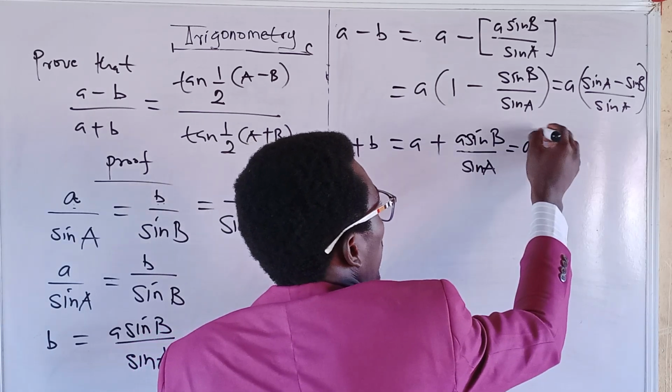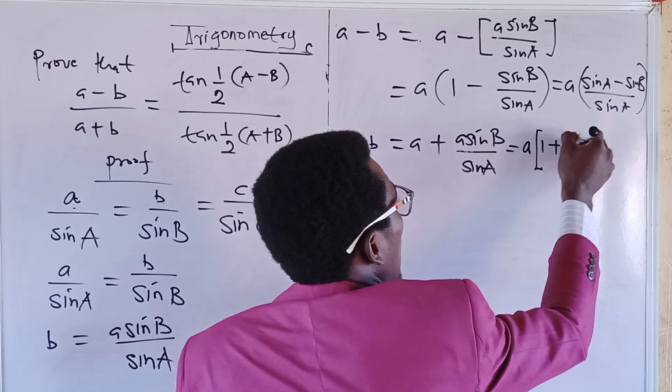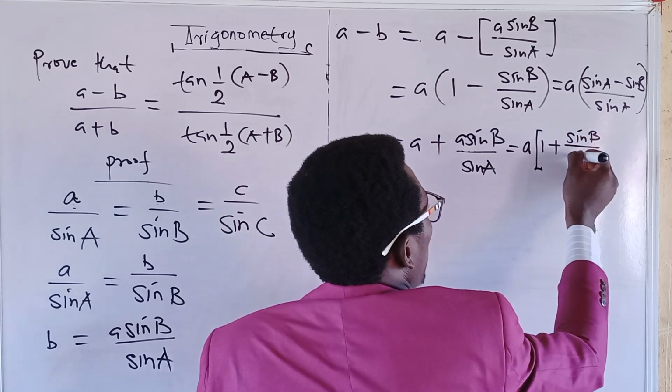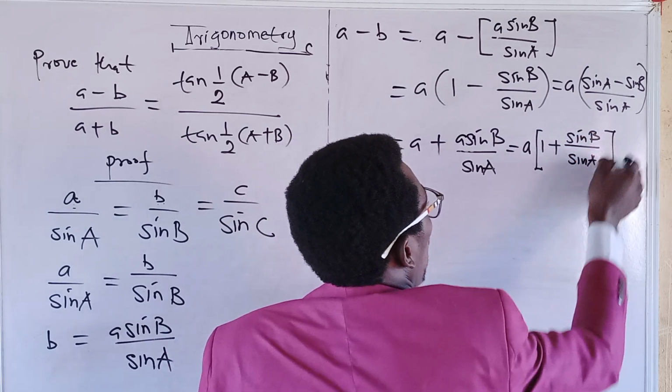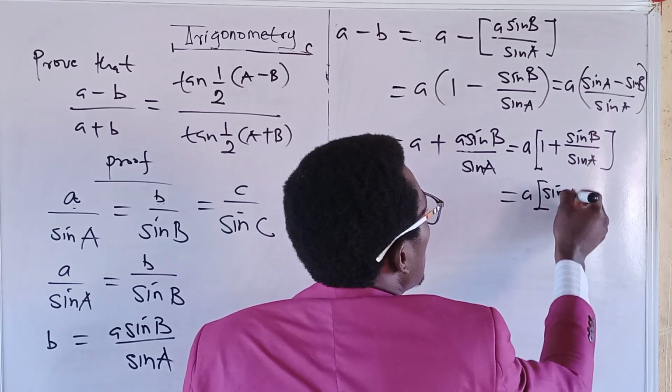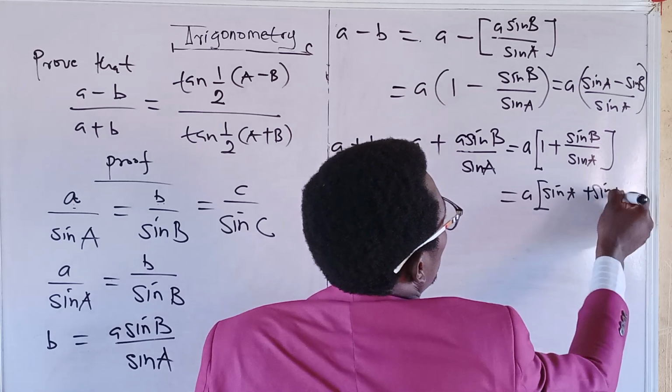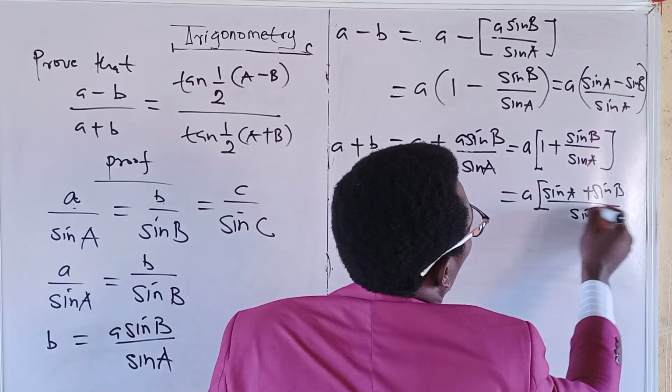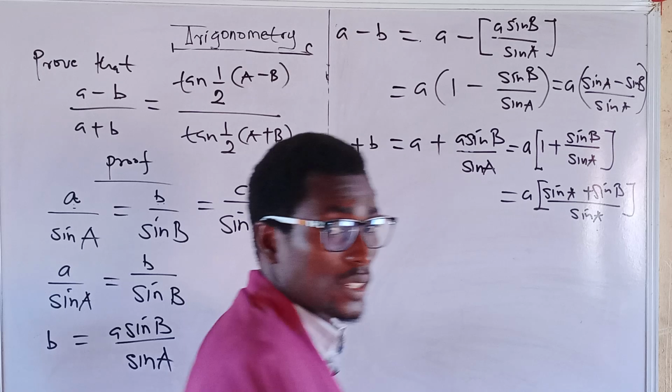So we have a bracket 1 plus sine B divided by sine A, from whence this can be written as sine A plus sine B over sine A. Can you see that? All right.